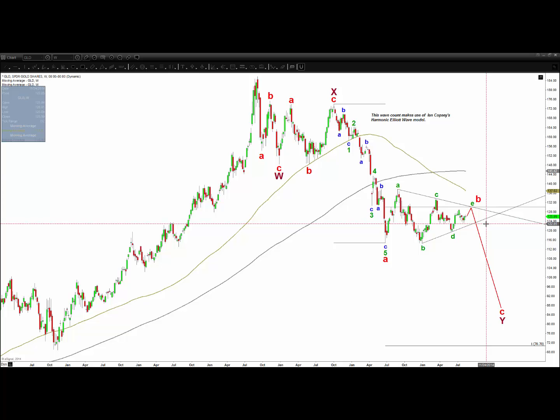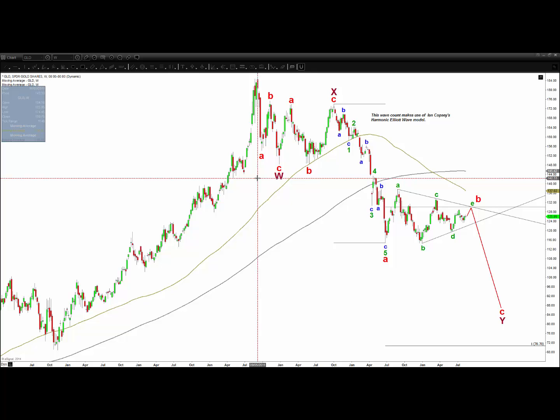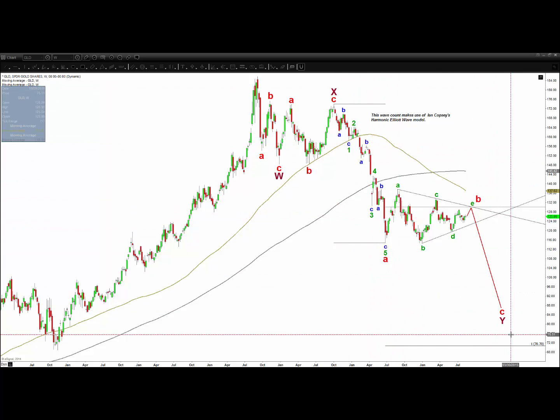Assuming what I'm saying will play out, red wave B will come to an end and give way to the final leg down, wave C, to complete wave Y. This will make the overall bear market that started back in September 2011 a double zigzag, ABC labeled wave W, followed by a sideways movement A, B, and C labeled wave X, and the final zigzag A, B, and C. Now, in 90% of the cases, a double zigzag ends a correction.